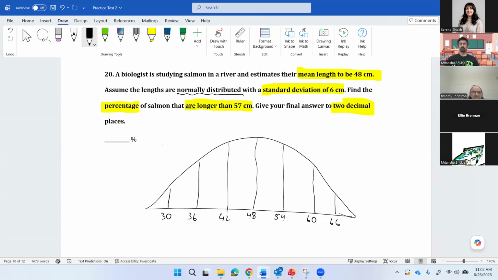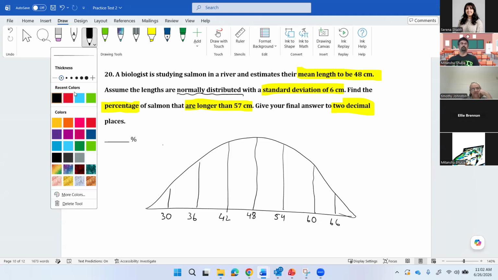Okay, what's up? Go ahead. You go from 48 to 54, and since that's 57, you go just a little bit past 54, start your line there, and go over to 66.